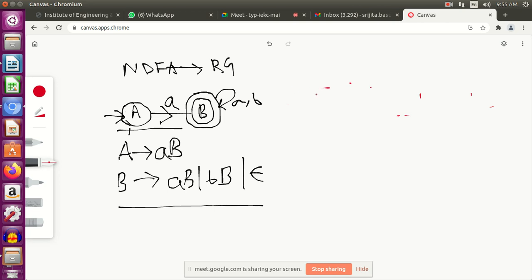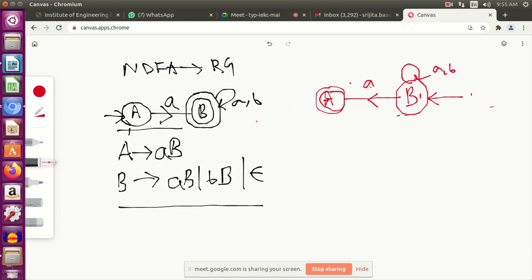So we had A and we had B. Just reverse it, it will be A, and this will be a, b. This will be the initial state, and this is going to be the final state.